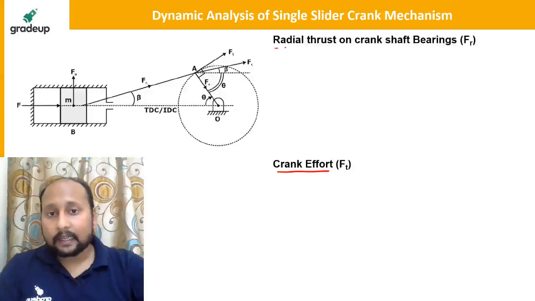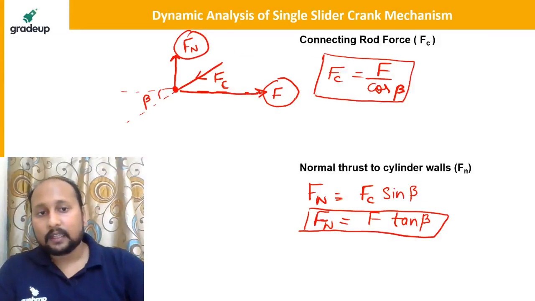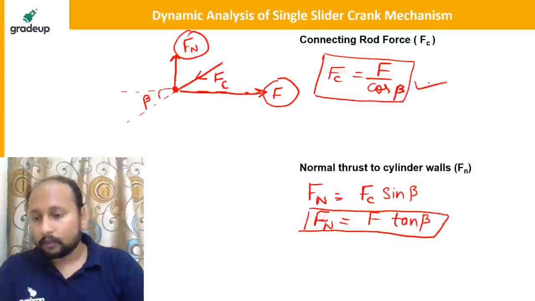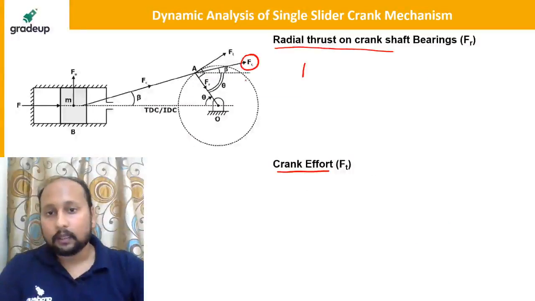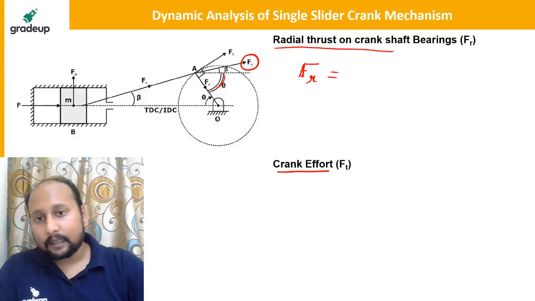Now, first of all, let us calculate this Fr. Fc we have already calculated: Fc is F by cos beta. Now, if I want to calculate Fr, can you tell me by looking at the diagram what Fr will be in terms of Fc? This angle is theta. This smaller angle is beta.